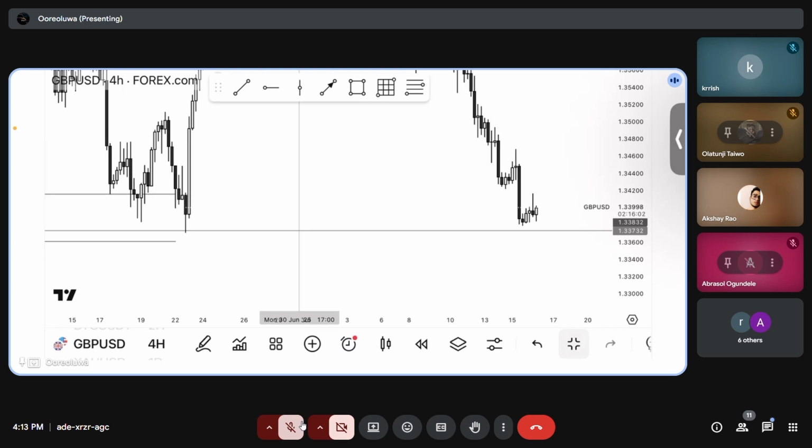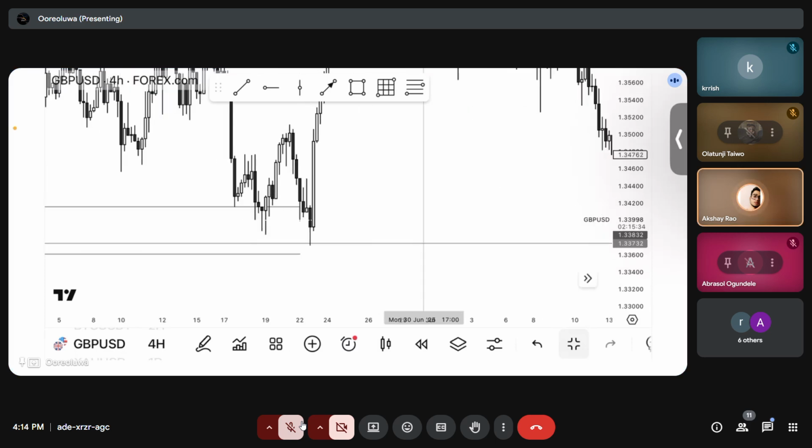If you are trading maybe GU and you didn't see anything there, then you can go to any of your second favorite pair like gold or USD CAD or EUR CAD or whatever pair. But I'm also convinced that if EU is not clear, I'm very sure GU will be very clear. It's just so simple like that.